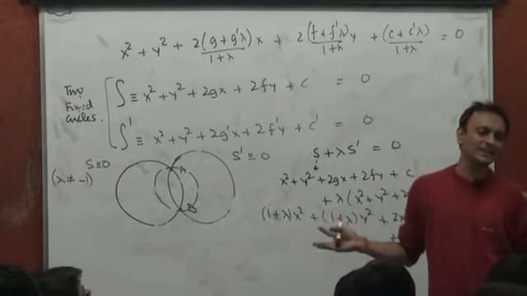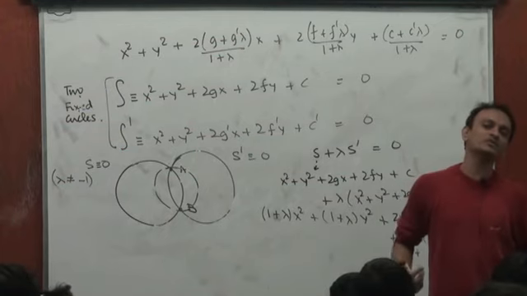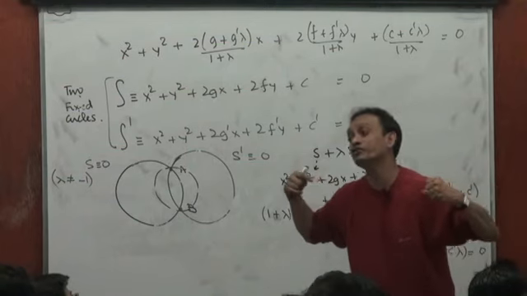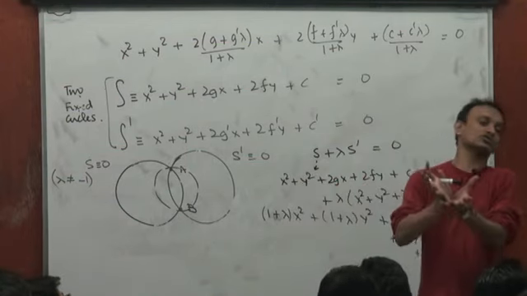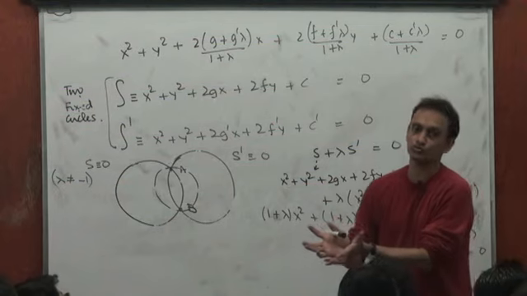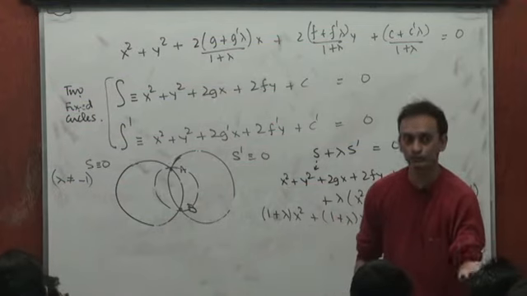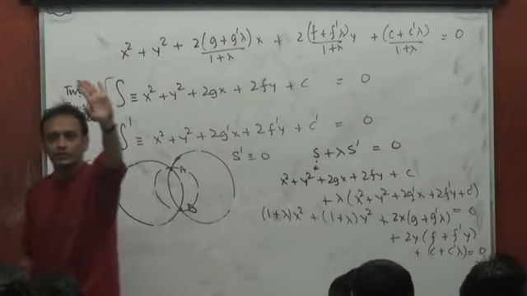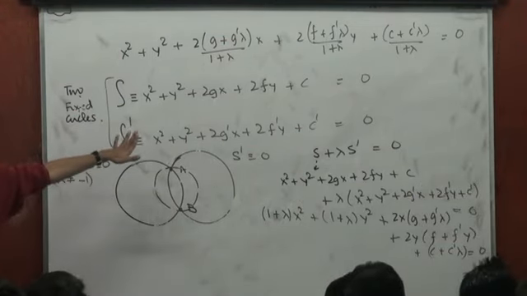Right now all that I can say is that S plus lambda S prime equal to 0 is a bunch of circles. For different values of lambda I get different circles out of it, given two fixed circles S equal to 0 and S prime. So far so good, right? Now the important thing, there is no confusion in whatever I have communicated so far, right?